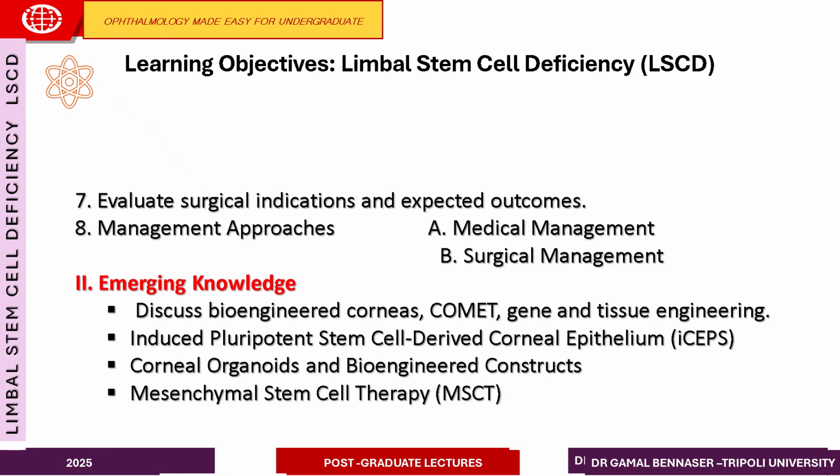And then finally, we will speak about the recent advances in the field of limbal stem cell therapy, ranging from biofabricated or bioengineered corneas, the use of COMET, that's cultivated oral mucosal epithelial transplantation, and gene therapy, also induced pluripotent stem cell derived corneal epithelium, the use of bioengineering construction in corneal organoids, and also the mesenchymal stem cell therapy principles. We'll go through these with just a few words about them, so that you will be aware of where stem cell therapy has reached.